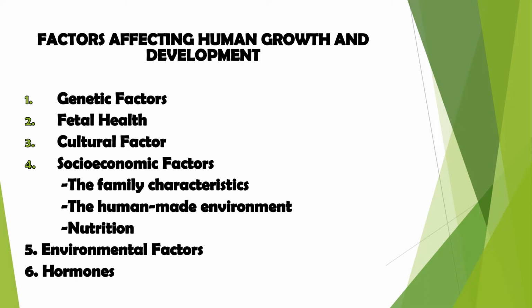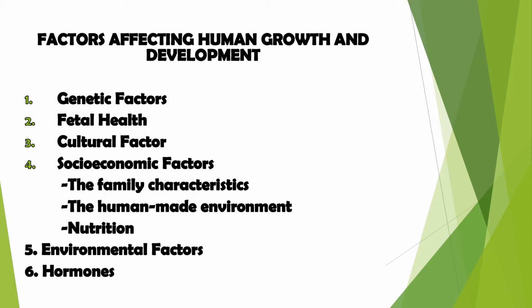Some children's physical growth occurs earlier than others. Some are physically stronger than others. Some are taller than others, and so on. So far as mental development is concerned, some children have better cognitive ability, memory, reasoning, thinking ability, etc. than others.